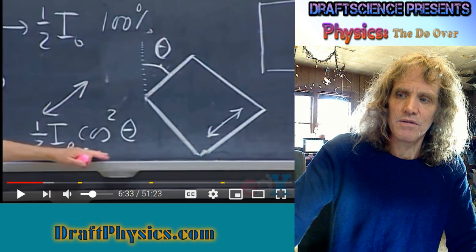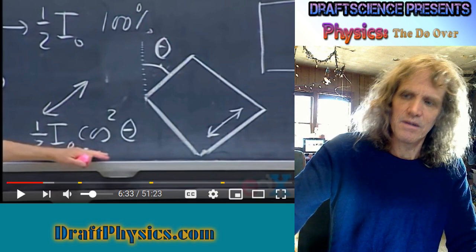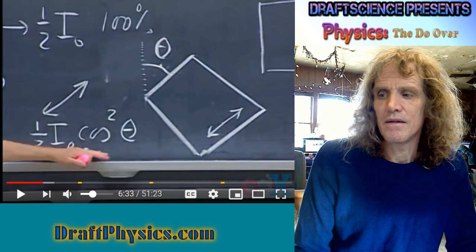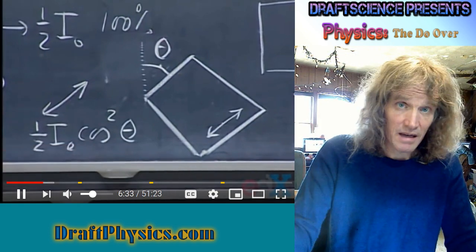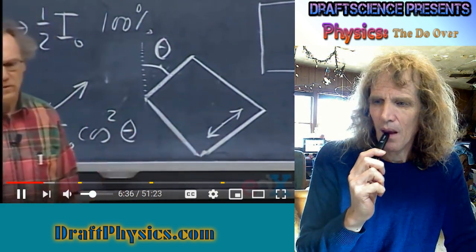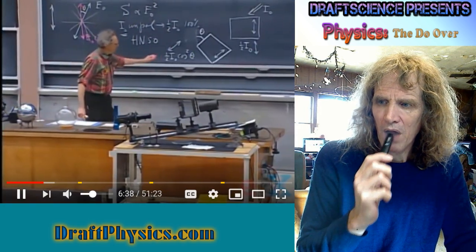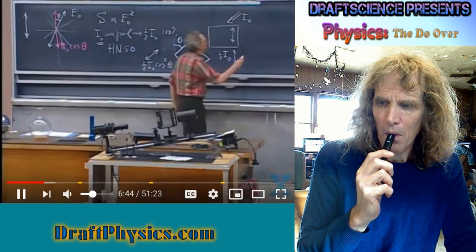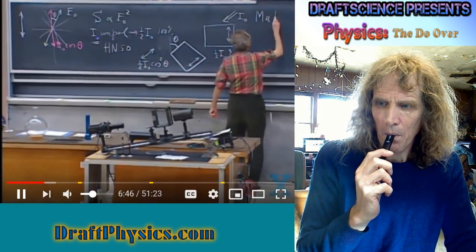So that's where this gets a little sloppy, is he's talking in terms of ideal polarizers, and those don't exist. It's now the new intensity, and it's all polarized in this direction. And this law, whereby the light intensity is reduced by the factor cosine square theta, is known as Malus' law.